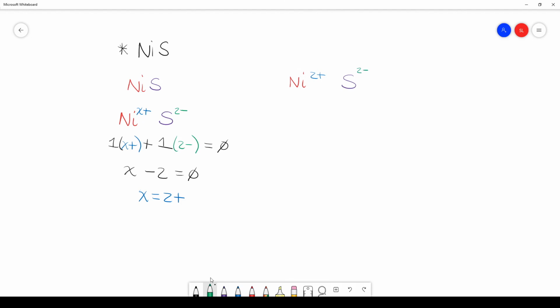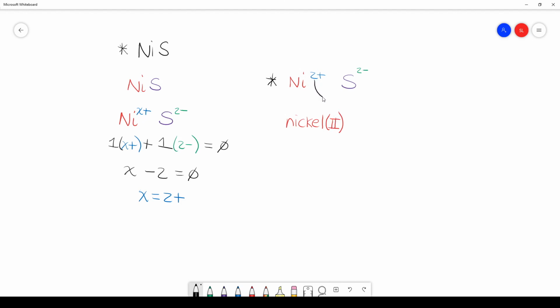I now have that critical part done, which is writing the ions and their charges, and now I simply name them. The metal ions always take on their full metal name. And if it's a variable charge, which this one was, then I have to tell the world what the charge is. The charge is shown as a Roman numeral. How do I know what number goes there?